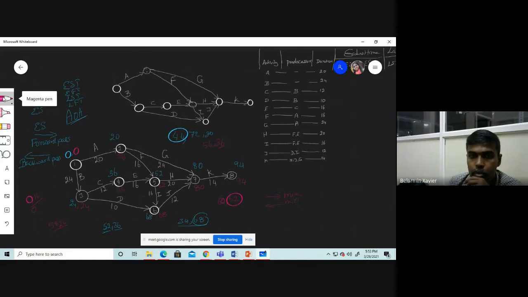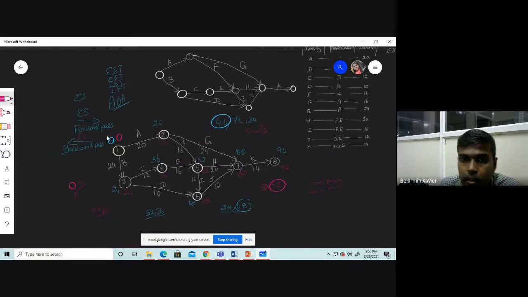So in the forward pass we calculate based upon earliest starting time, and in the backward pass we calculate based upon latest finishing time. So I can explain this process. Kindly note down the blue color values. That is forward pass. Forward pass we begin with earliest starting time and earliest finishing time.